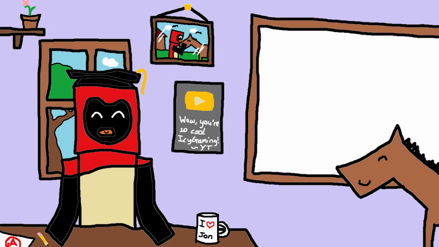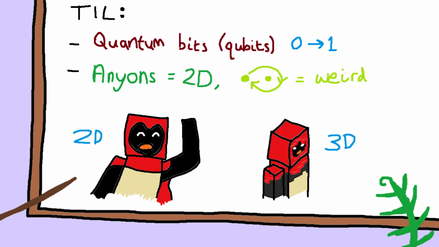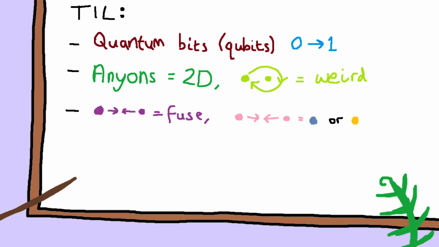Yay! So, let's have a quick recap of what we've learned today. Quantum computers use qubits instead of bits, and these can be a 0, a 1, or somewhere in between. Anyons are 2D particles, meaning they have different behavior to 3D particles when we swap them around. When two anyons collide, they fuse.